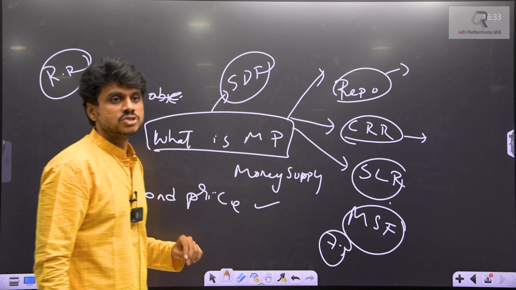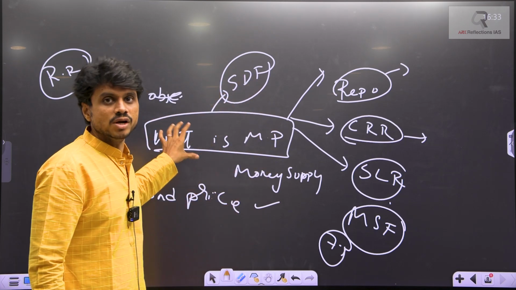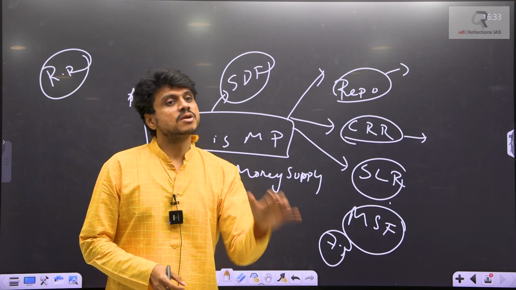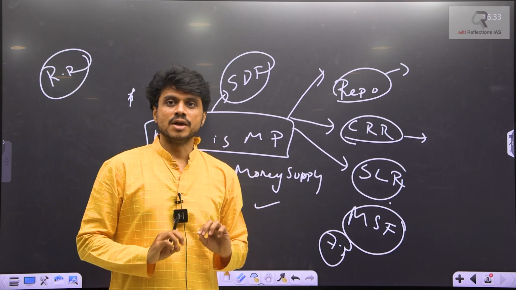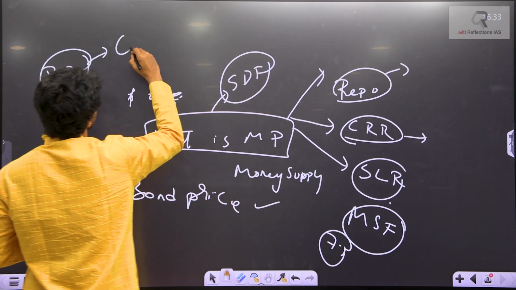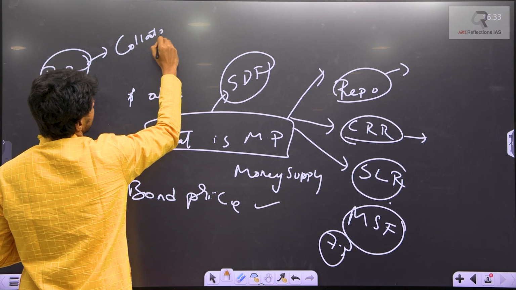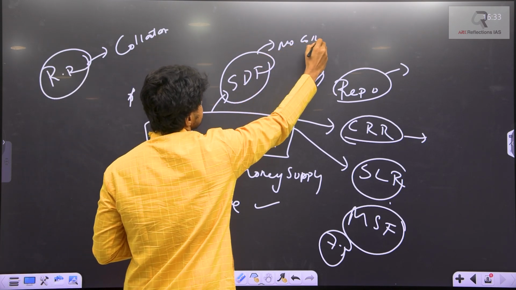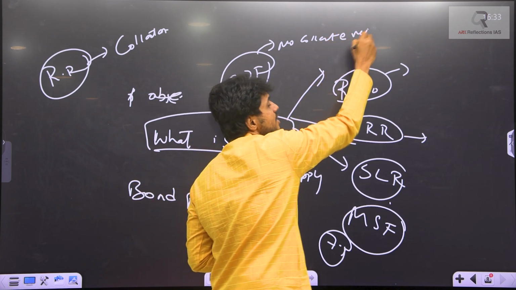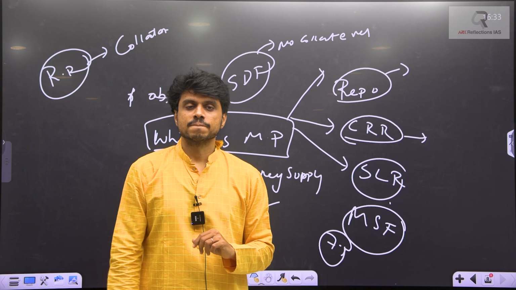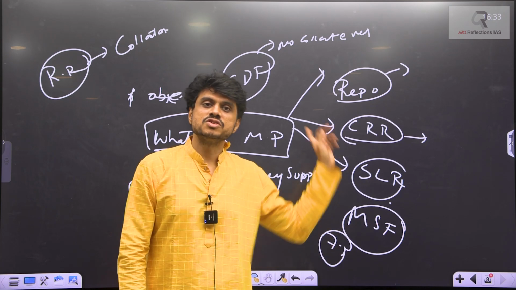This is the same as the reverse repo rate: banks can park excess money with the RBI. In the reverse repo rate, just like the repo rate, they need collateral. But in the standing deposit facility, no collateral is required. You can park as much money as you want with the RBI. This was introduced in 2022.